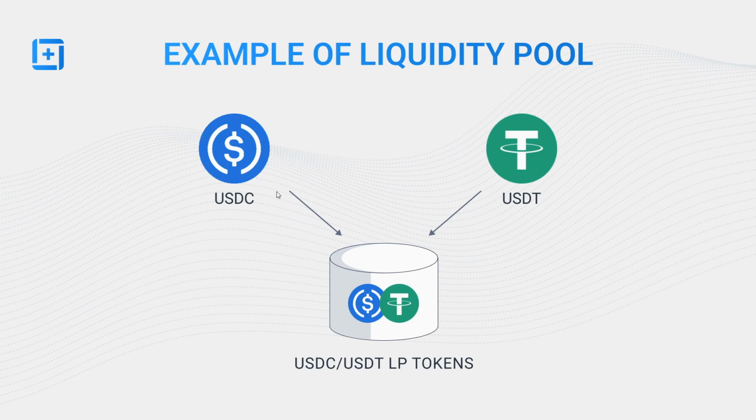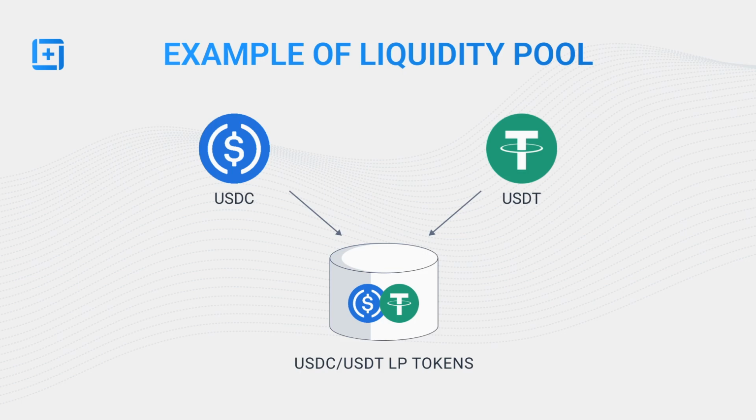Now, for this to work, there needs to be a liquidity pool with those said coins. And in this example, it would of course be 50% of USDC and 50% of USDT, which would make up this entire liquidity pool. Now remember, you are trying to buy USDC with your USDT, and the way this works is that you are actually going to be putting your USDT inside of this liquidity pool, and this liquidity pool is going to give you USDC for the same amount of USDT that you provided.